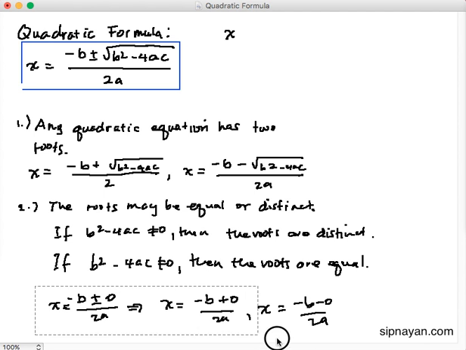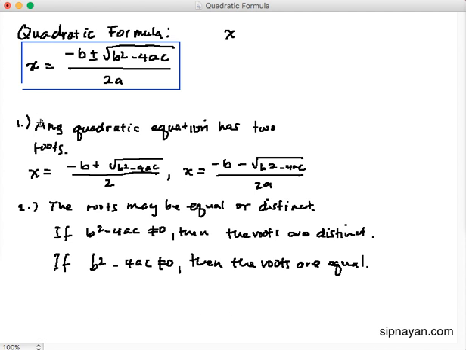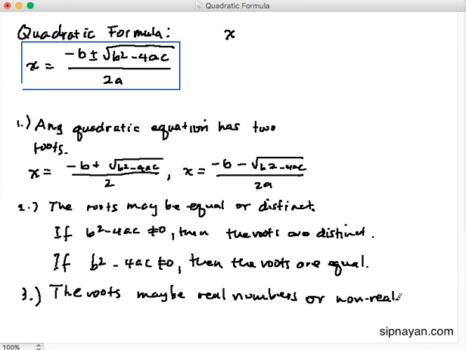Third, we have the roots may be real numbers or non-real numbers. Non-real, ibig sabihin nito complex numbers, yung may i numbers.